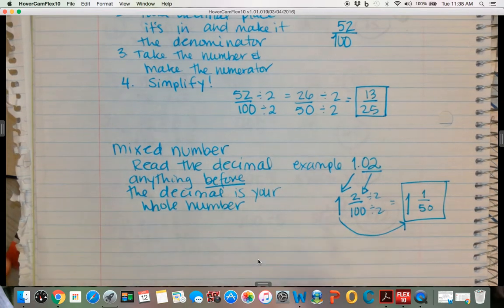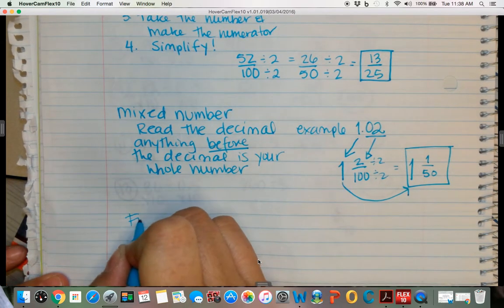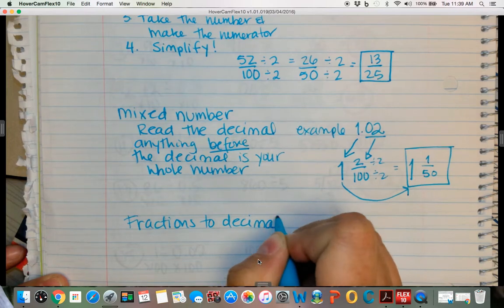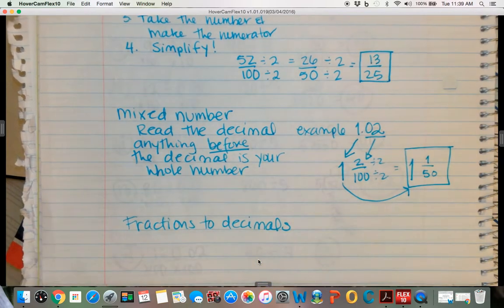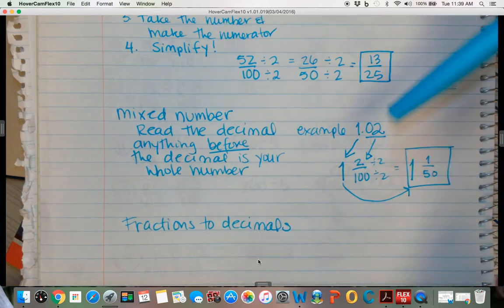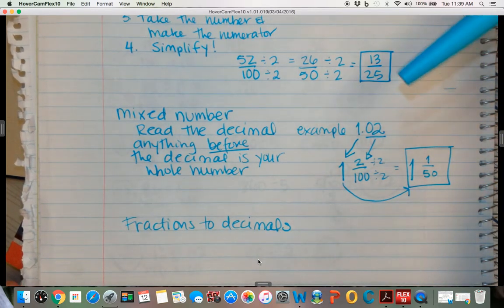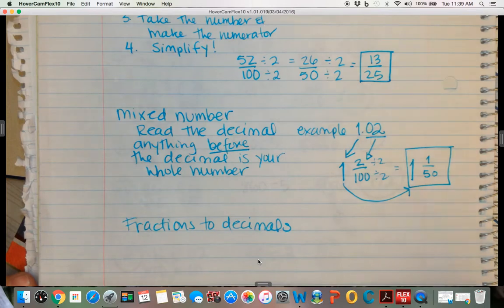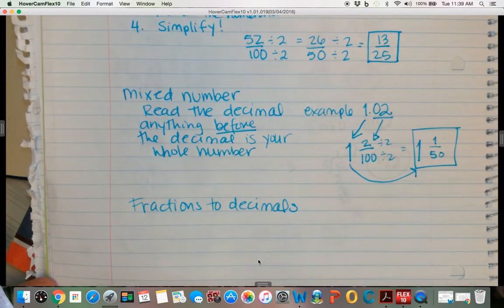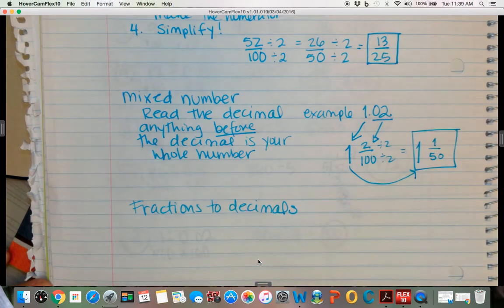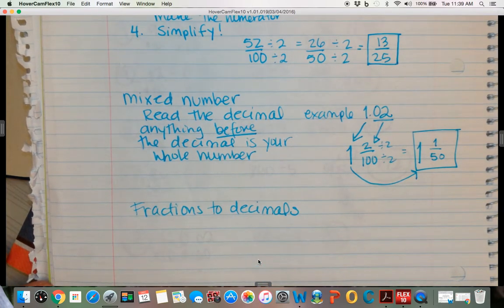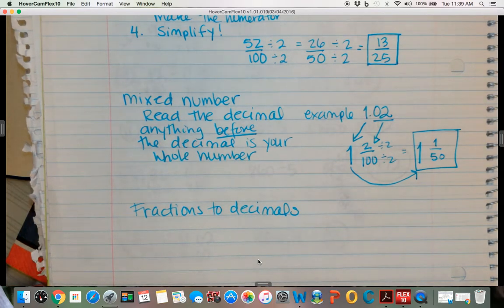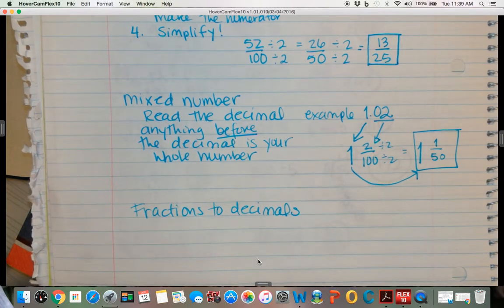Actually, we're going to go to fractions now. I want to keep this simple. If you have a fraction, let me think about this. There are a couple different ways to make a fraction a decimal. And the first way is to make the denominator into a multiple of 10.